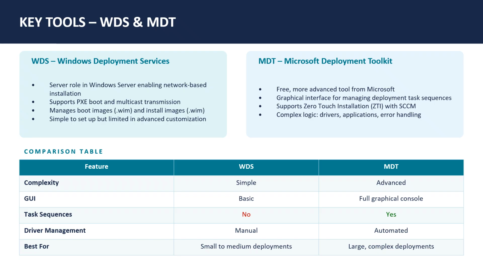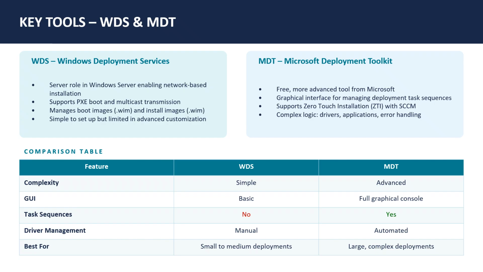On the other hand, we have MDT, which stands for Microsoft Deployment Toolkit. MDT is a free tool that provides a much more advanced graphical interface for managing deployment task sequences. It supports something called Zero Touch Installation, or ZTI, when integrated with System Center Configuration Manager, or SCCM. MDT allows for complex logic.